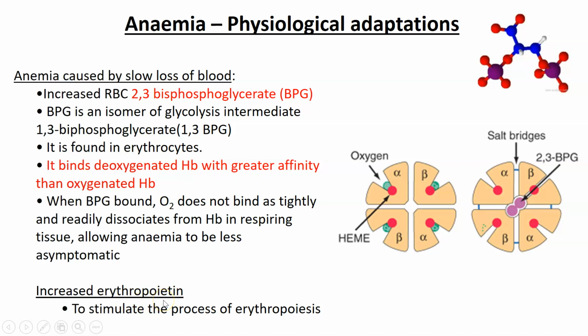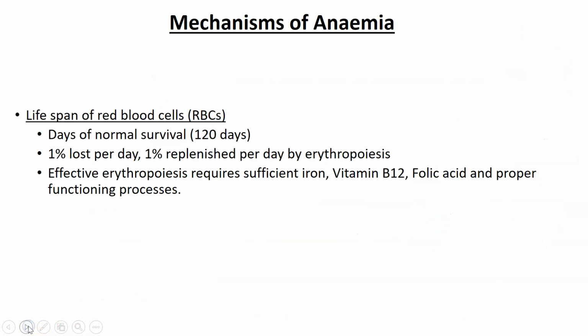The kidneys will detect that and release erythropoietin into the bloodstream. That then gets to the bone marrow, and stimulates the bone marrow to produce more red blood cells.